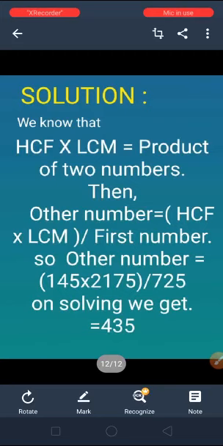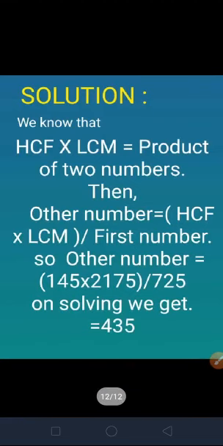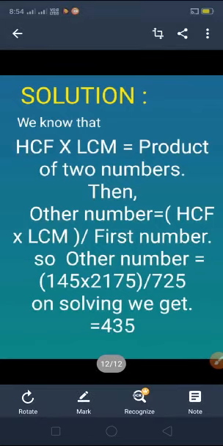Then we can write it as 145 into 2175 upon the first number, that is 725. When we solve the above expression, then we get 435, which is the other number.